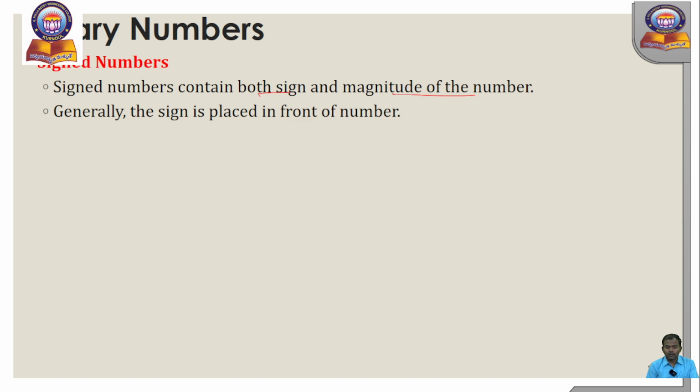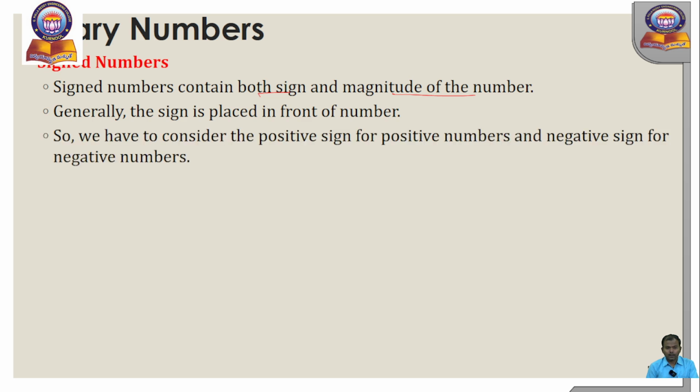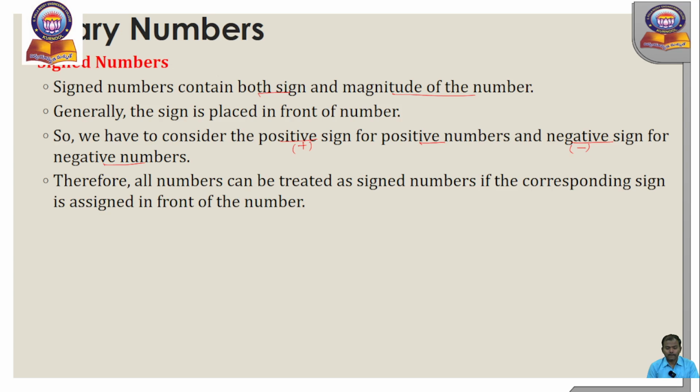Generally the sign is placed in front of the number. In any decimal number, the negative numbers are represented with the minus placed at the front of that number. So we consider a positive sign for positive numbers and a negative sign for negative numbers.